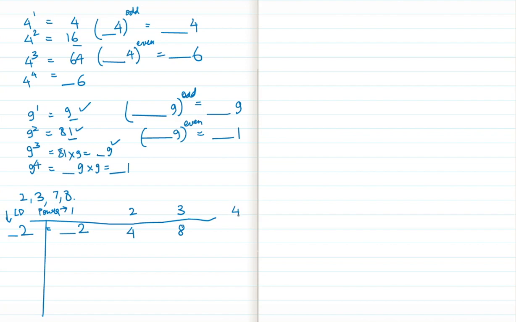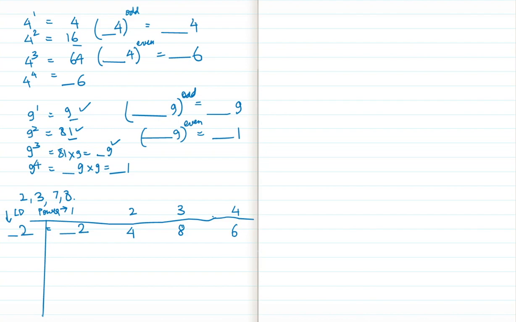And when the power is 4, the last digit of 2 to the power 4 is 2 times 8, 16, so I'll just write a 6 here. So the last digits of the powers of 2 move like this: 2, 4, 8, 6. Now what happens when I take 2 to the power 5? 2 to the power 5 will be 2 times 6, 12. So we have come back to where we started.